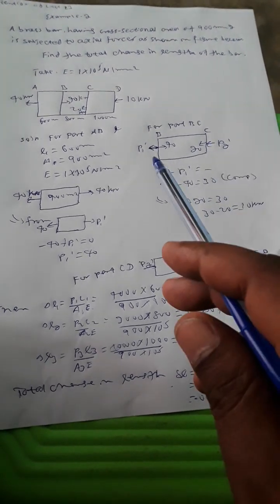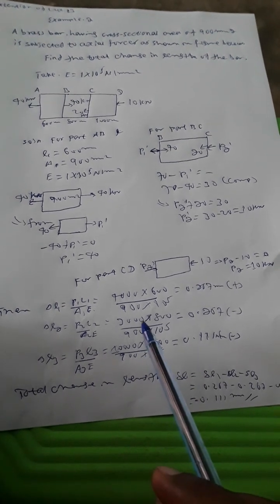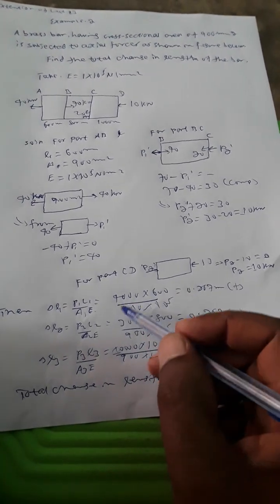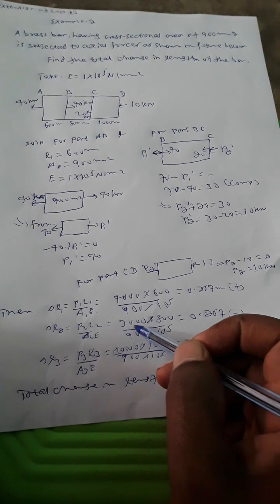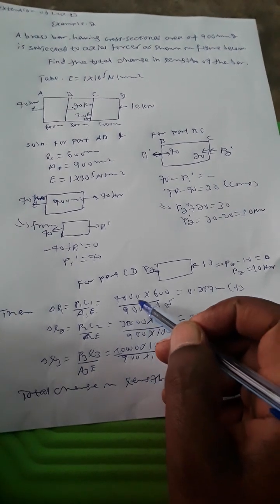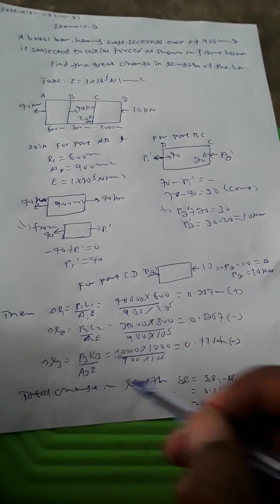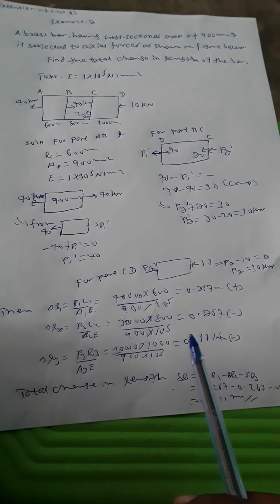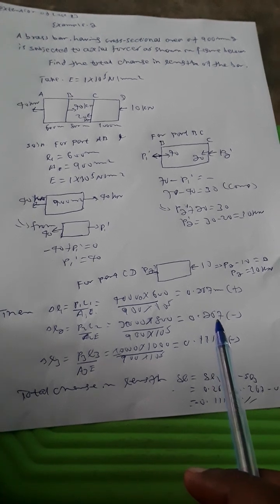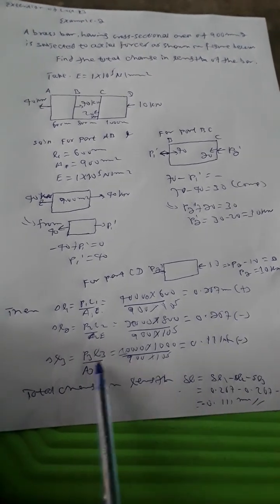It comes out to 0.267 negative. This is compressional.